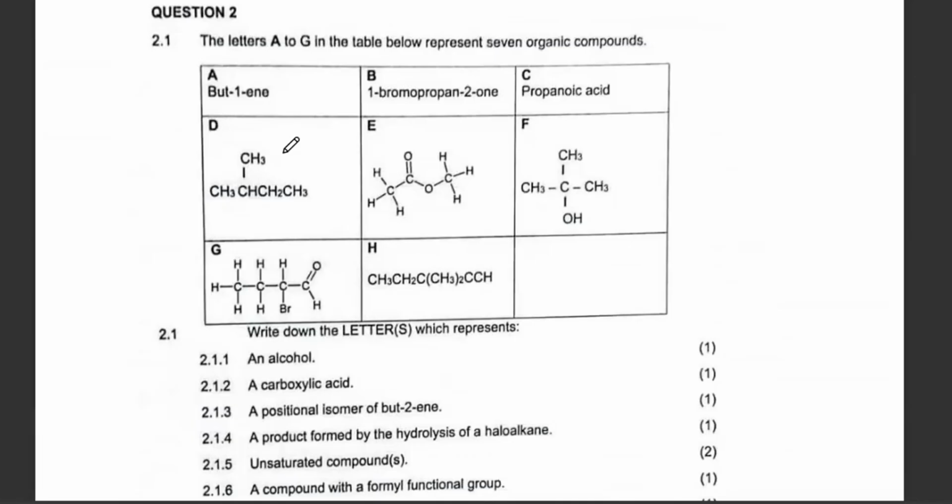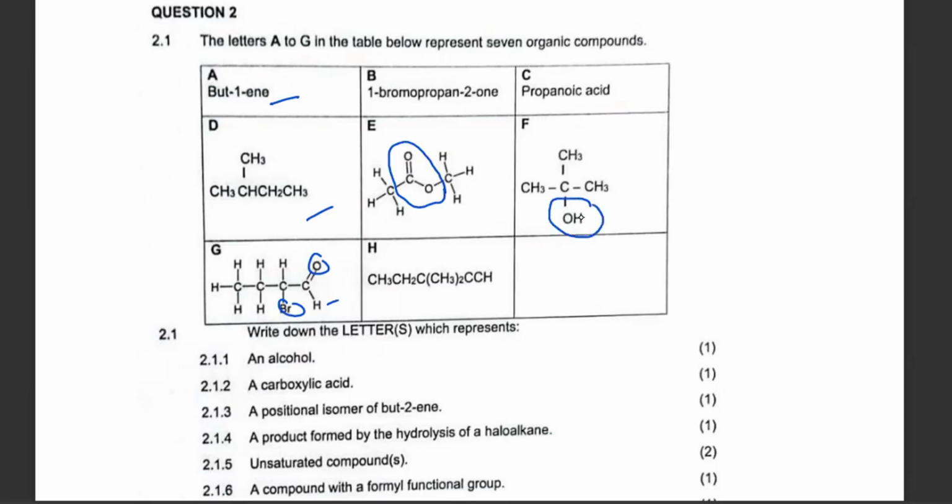If we can go to the second question, then we can see what is happening on the second question. Look at this question and then start to answer these questions. You need to know what this is. If you look at this, you check it here and here, and then you check this. These are the functional groups.